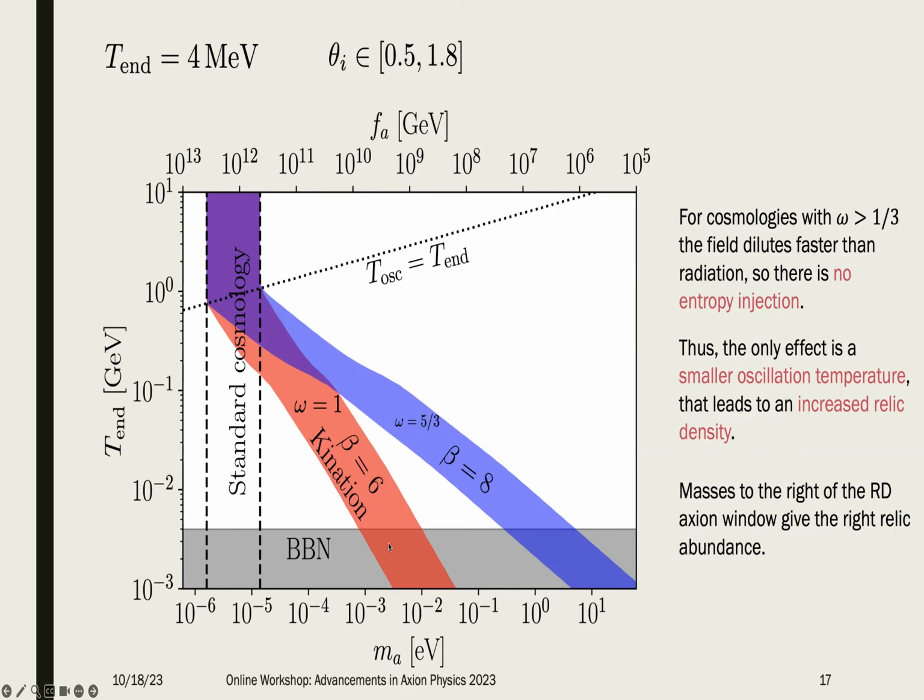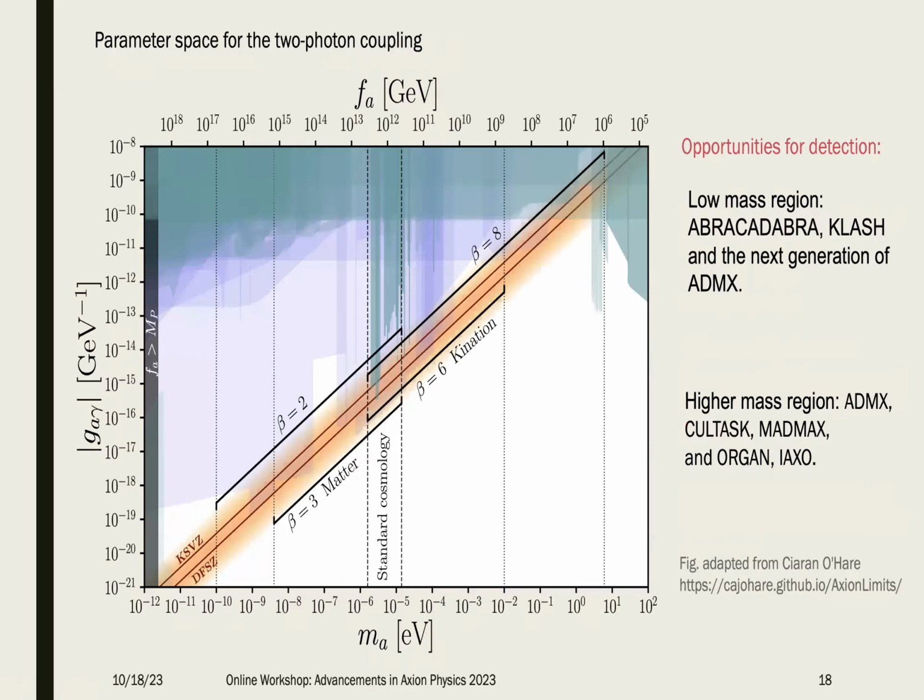So in order to accommodate the whole dark matter abundance, the mass moves to the other side of the window. So this is how the parameter space where the axion can explain the whole dark matter abundance opens up for different cosmologies.